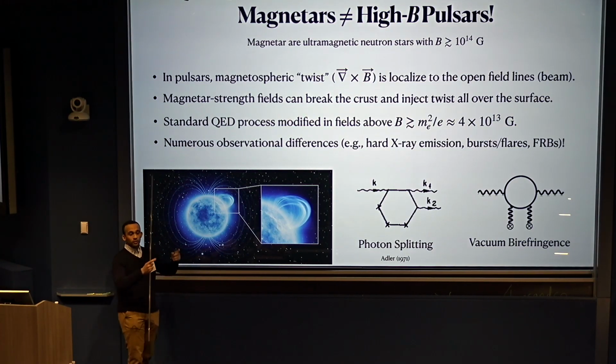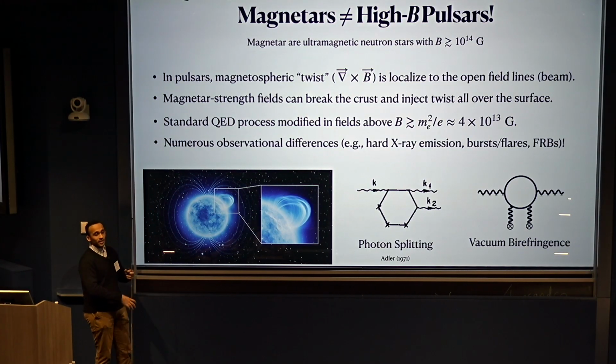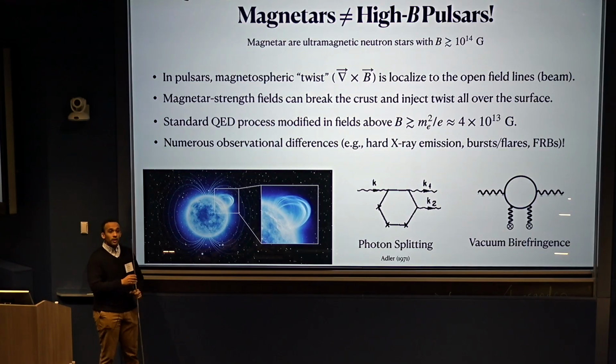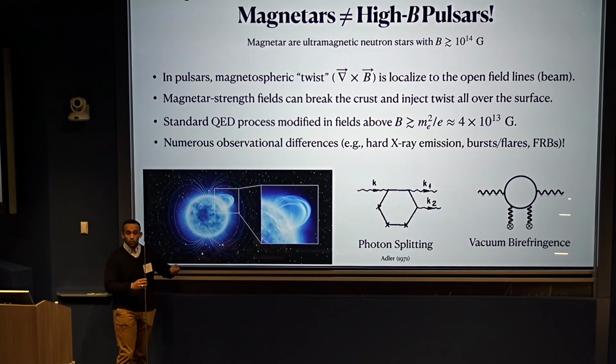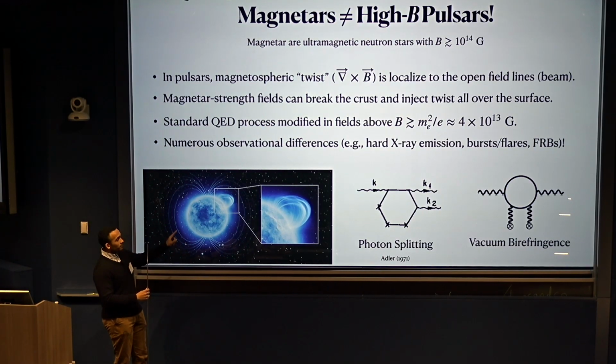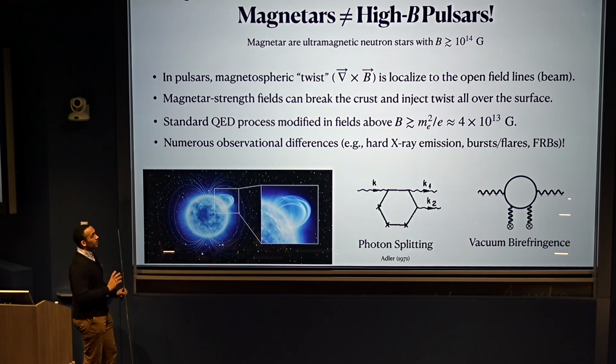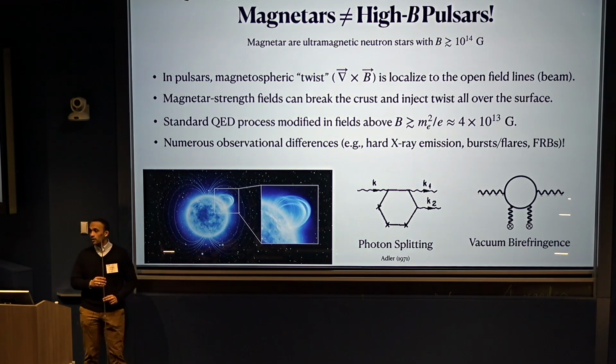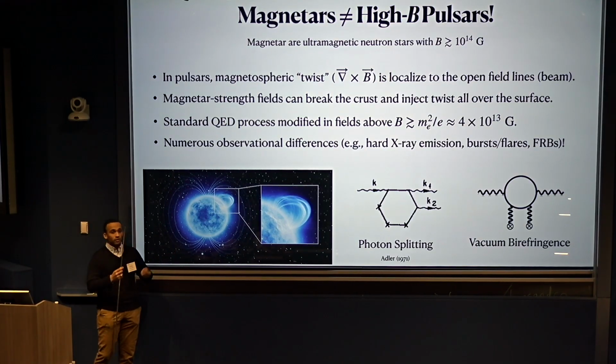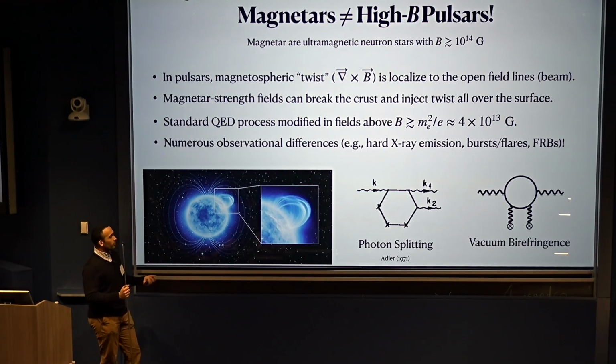So Libby showed that plot of the cascade happening in the pulsar polar cap. Now, if the magnetic field is in the supercritical range, then some of these processes are modified, and this can have dramatic effects on the emission of electromagnetic waves and even axions.